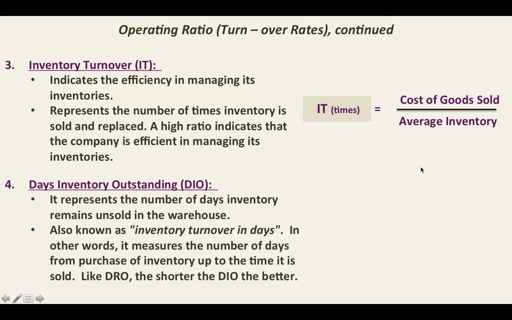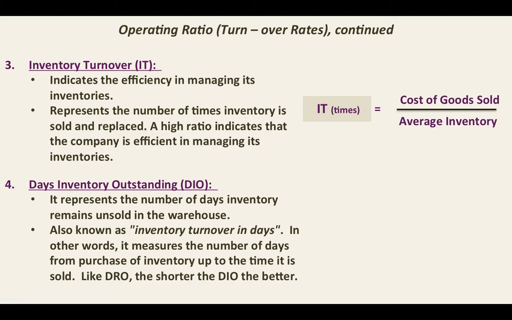Okay? And days inventory outstanding is our turnover rate in days. It represents the number of days inventory remains unsold in the warehouse. It is also known as inventory turnover in days. In other words, it measures the number of days from purchase of inventory up to the time it is sold.